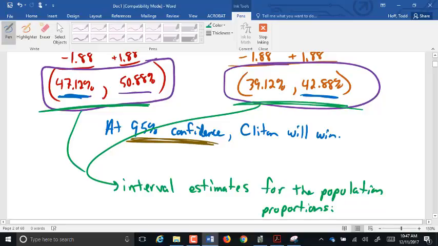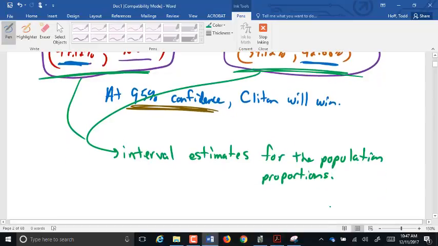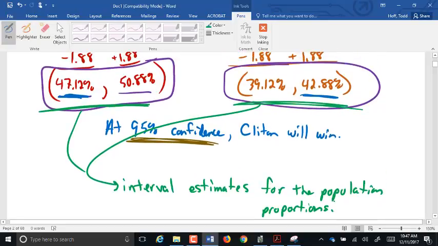Technically, we won't know the actual population proportion until after the election, which are actually very fortunate in this type of case because at some point we will actually know the population proportion. In most statistical applications, we will never know the true population proportion. So we won't ever really know how accurate our prediction is. At least in this one, we know it at some point. But anyway, the purpose of doing these samples is trying to estimate that population proportion and predict what it's going to be. And that's why we use the confidence intervals.